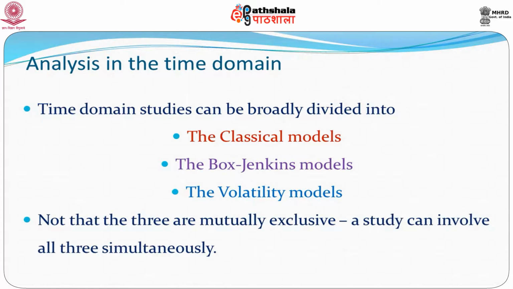So, you need to combine the volatility models with the classical or the Box-Jenkins models. But these are three distinct studies, and there have been very extensive studies in all three of these branches. So, we will look at these three branches separately.